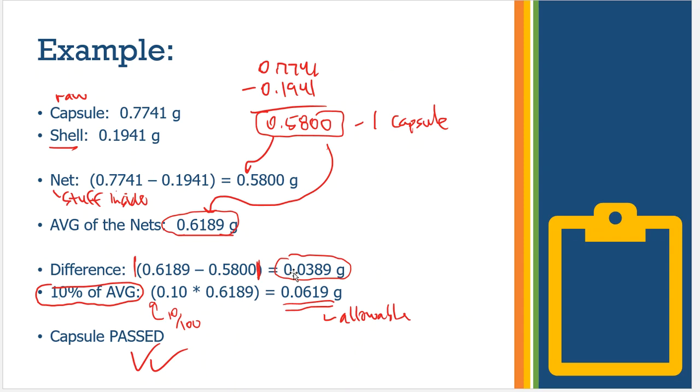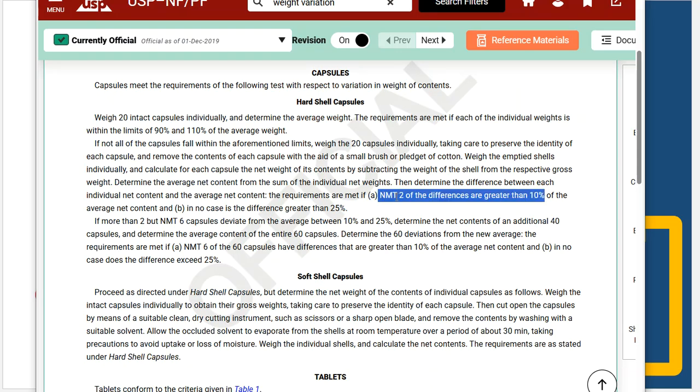As long as that difference is lower than that 10% threshold, we are good. Pass, pass, pass, pass, pass, pass, pass. And this entire thing passes if not more than 2 of the differences are greater than 10%. So out of the 20 capsules, 2 of them can fail.